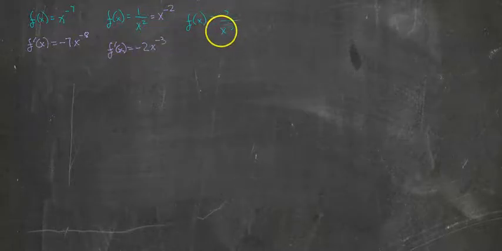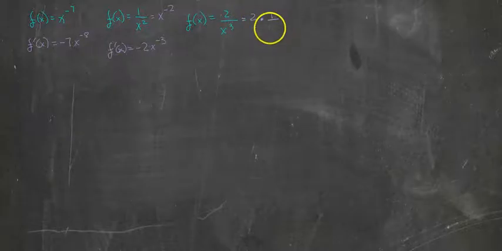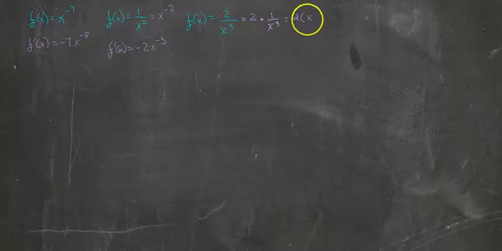Same thing here. We've already handled what we do when there's a power in the denominator, but I have another number out front. Again, we're just going to rewrite this. I'm going to turn this into 2 as a constant and then multiply that by x cubed, or 1 over x cubed, which is the same thing as saying 2 times x to the -3. Now that I've rewritten it, super easy to find the derivative.